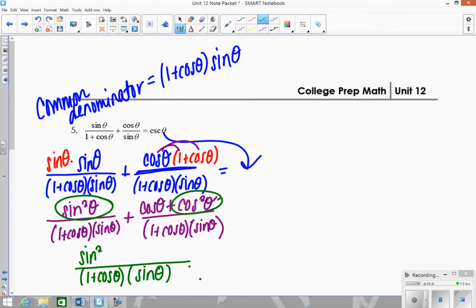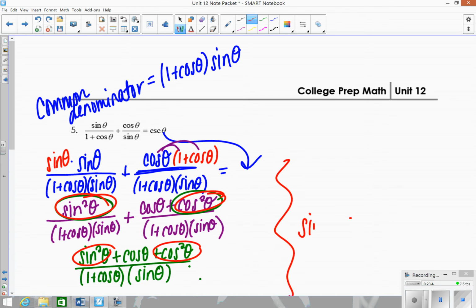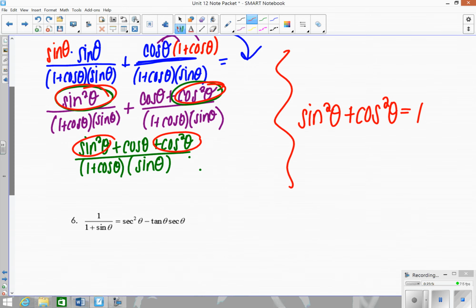So we have sine squared theta plus cosine theta plus cosine squared theta. And remember, these two pieces here are what I'm really focusing on. If we think about our property, sine squared theta plus cosine squared theta equals 1. So the sum of these two is going to be 1. So 1 plus cosine theta.